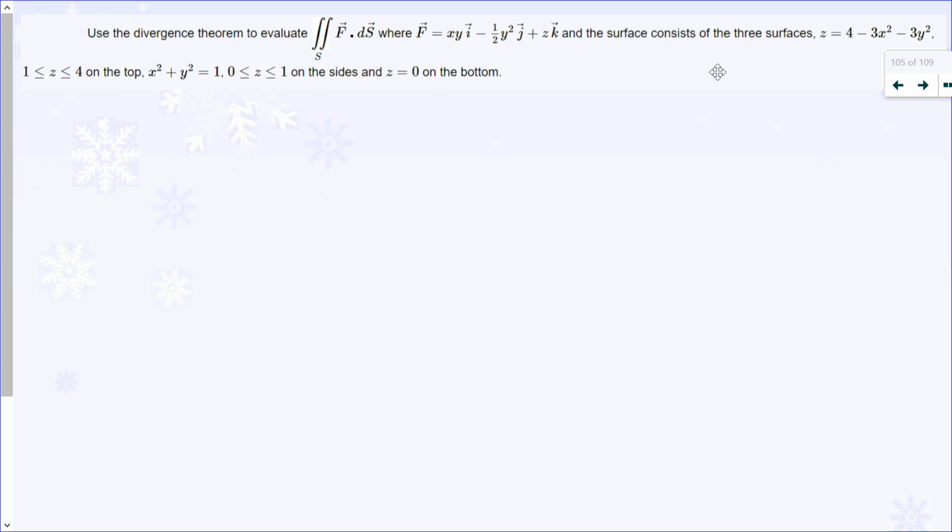So let me begin to draw that. And then I have a cylinder, x squared plus y squared equals 1, from 0 to 1.